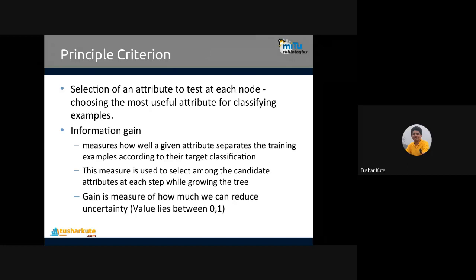And the feature which has high information gain will be chosen for the split. So this measure is used to select the candidate attribute at each step while growing the tree. When you are choosing the next attribute to split on, this information gain criteria is used.